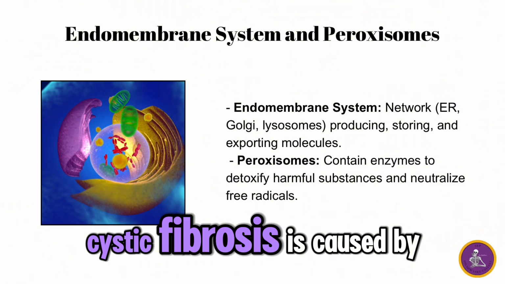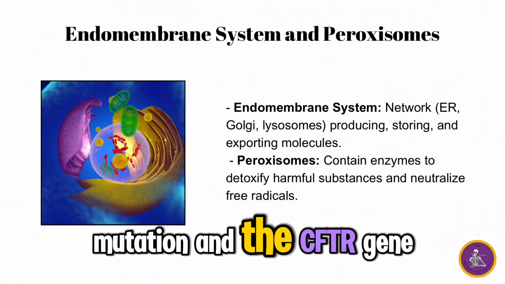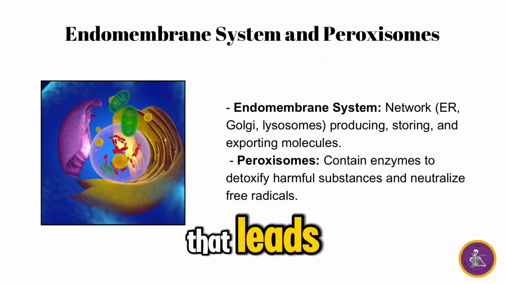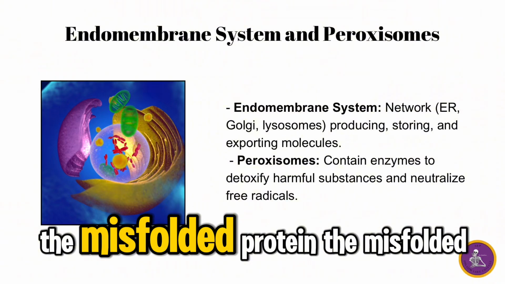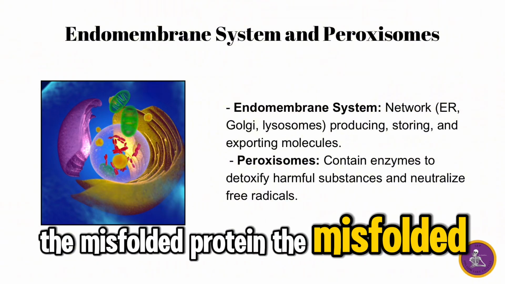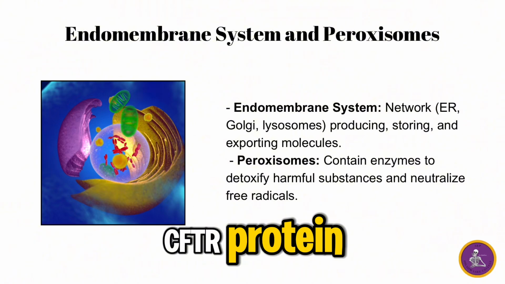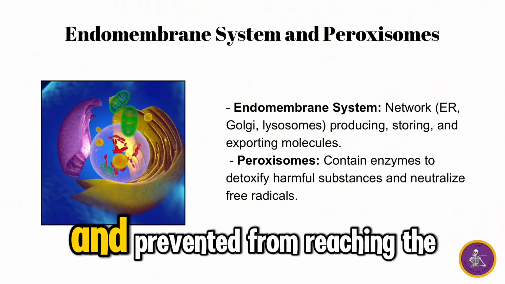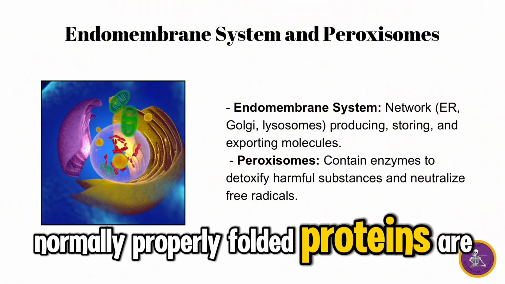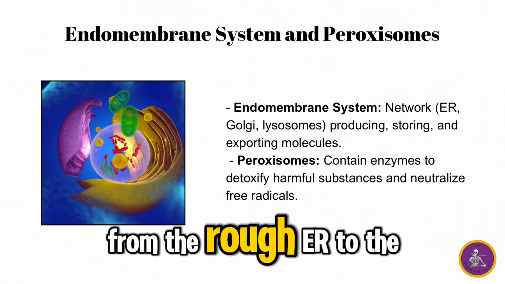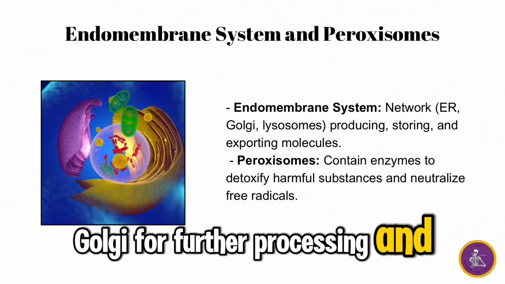Cystic fibrosis is caused by a mutation in the CFTR gene that leads to improper protein folding in the rough ER. The misfolded CFTR protein is retained by the rough ER and prevented from reaching the Golgi apparatus. Normally, properly folded proteins are transported from the rough ER to the Golgi for further processing and trafficking.